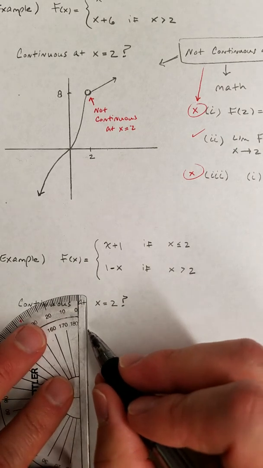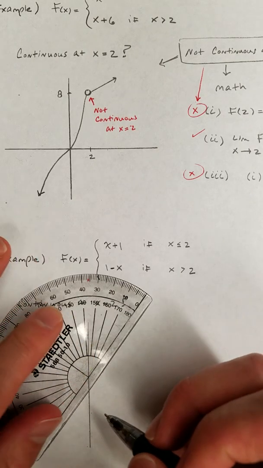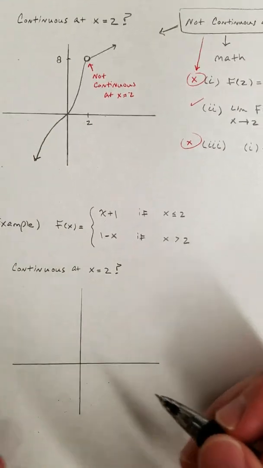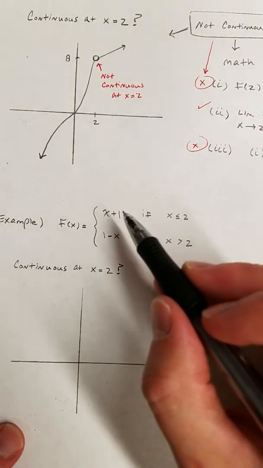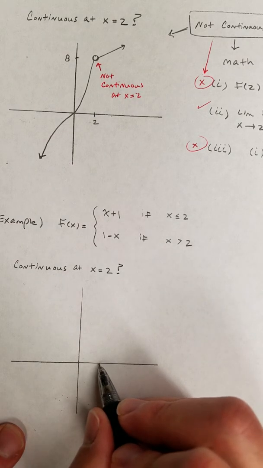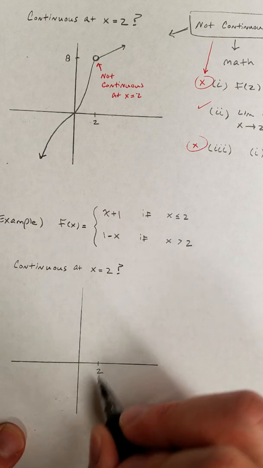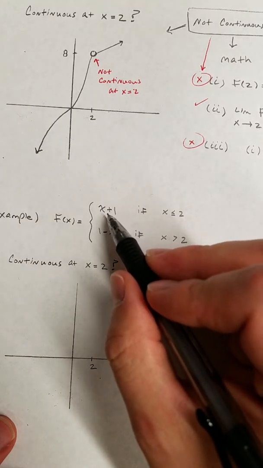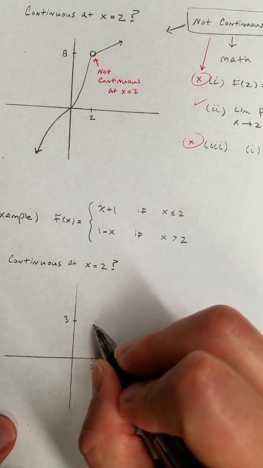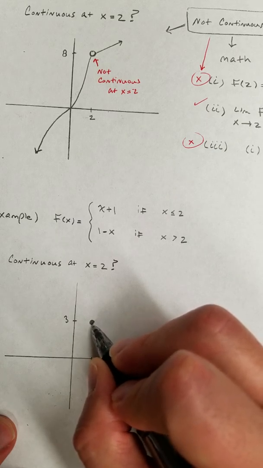Seeing is believing, so I'm going to go ahead and sketch it. Let me make sure that we're looking at the same thing. I need to draw x plus 1 if x is less than 2. So I'm going to go up to 2. That's where that very last point is. 2 plus 1 is 3. So let's put a point up here. 2 for x, 3 for y.